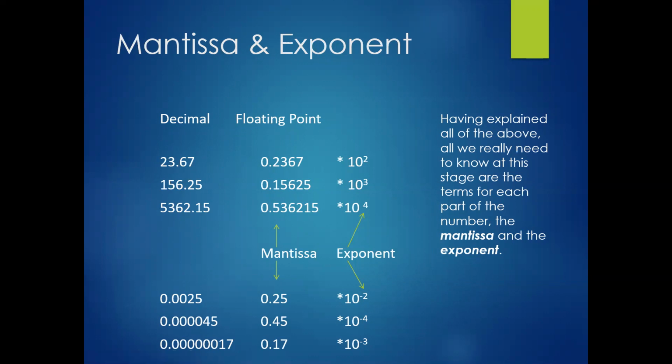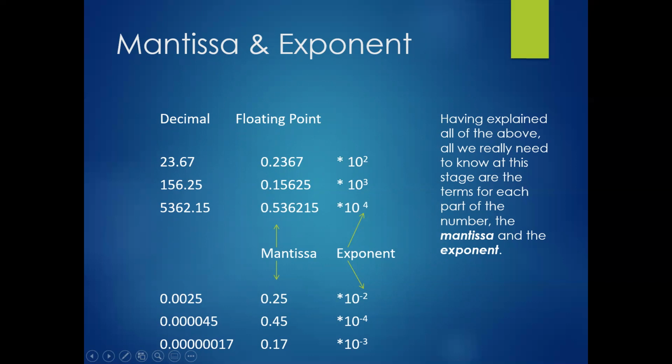We moved that decimal point 4 spaces to the left. Some small numbers here, 0.0025. That becomes 0.25 times 10 to the minus 2, because we moved the decimal point to the right.